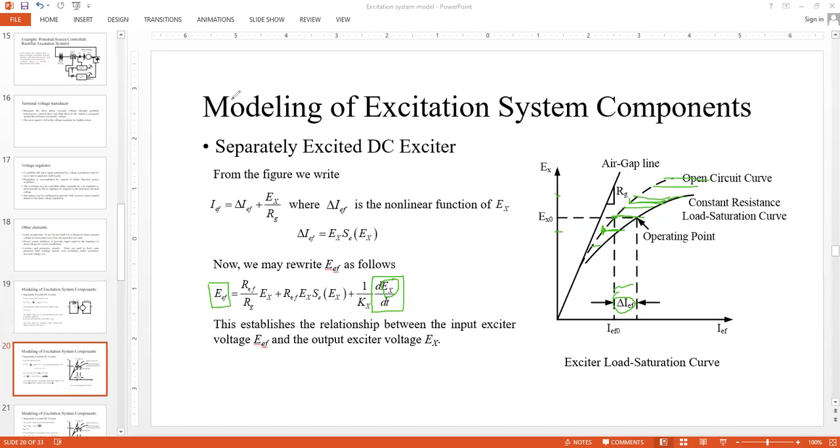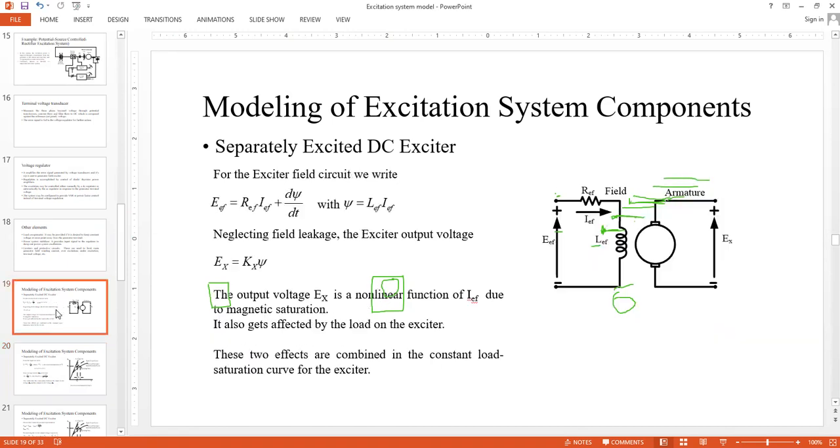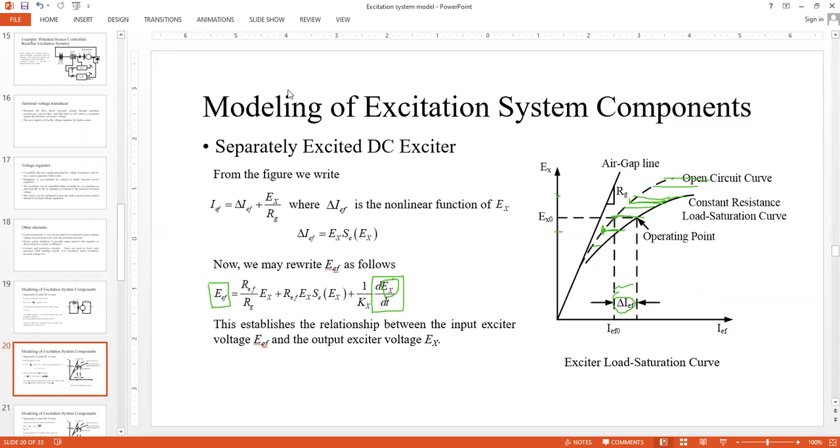The intermediate variable IEF, which was linking EEF and EX, is taken out of question. So we have gotten rid of IEF and got a relationship between EEF and EX, in dynamic mode.